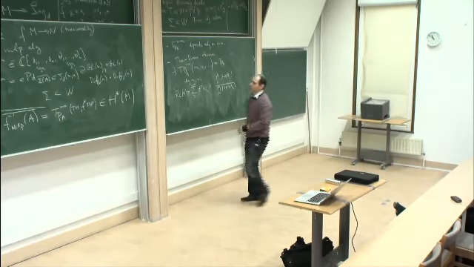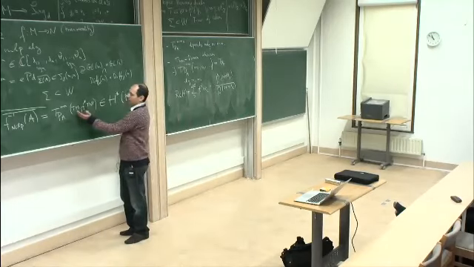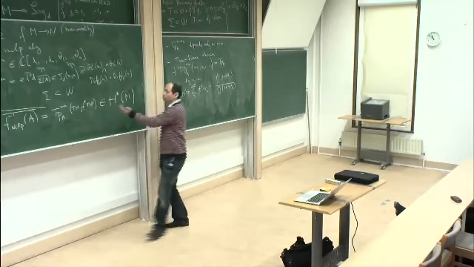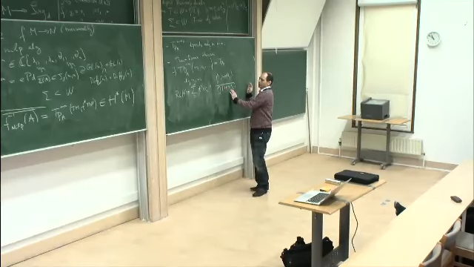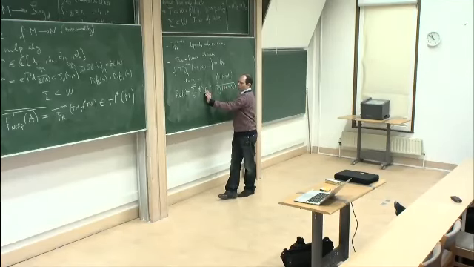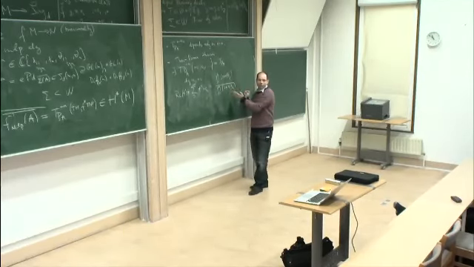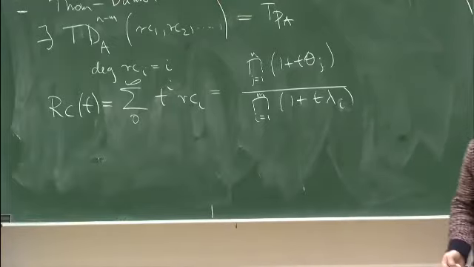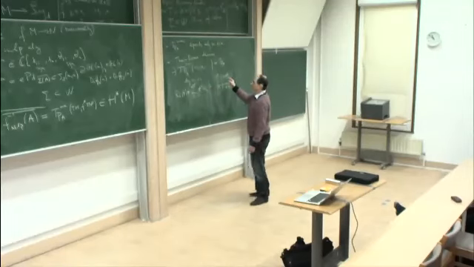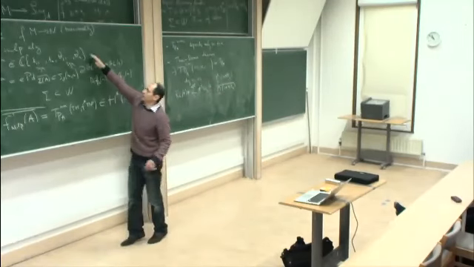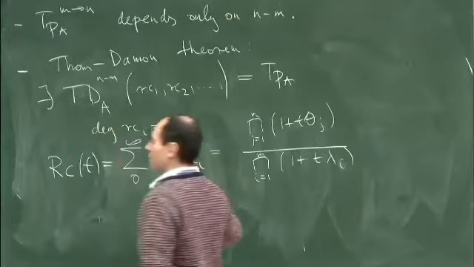If you want to know the Chern classes of the K-theoretic difference bundle between these two, then what you have to do is divide these two products. You get a generating series, and then you take the coefficients of that generating series, these RCs, and those are exactly the Chern classes of the K-theoretic difference bundle. And the statement of Thom-Damon is that, of course, not all symmetric polynomials here can be represented as polynomials of these RCs.